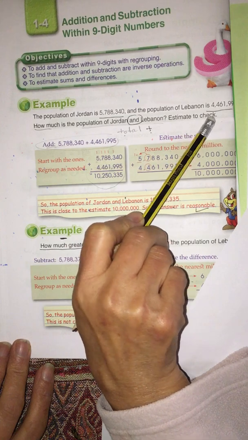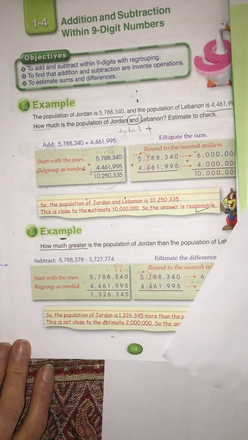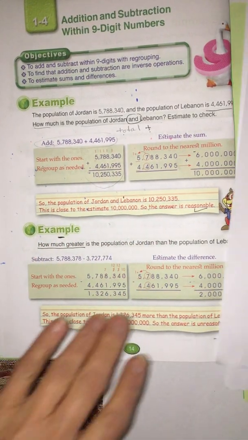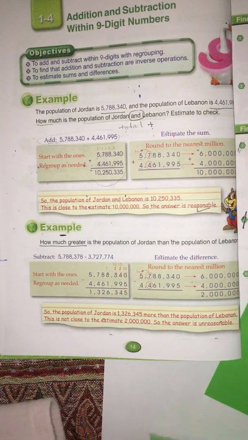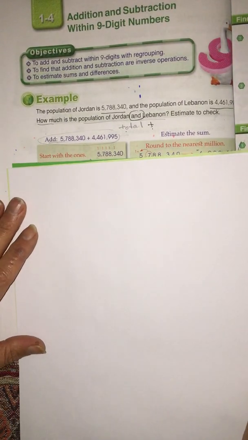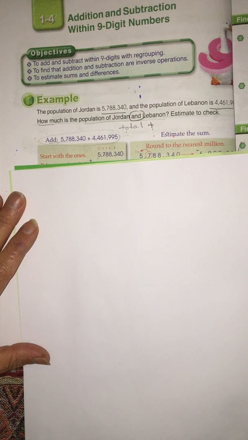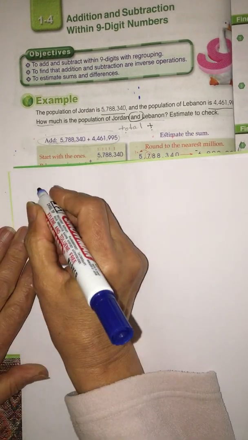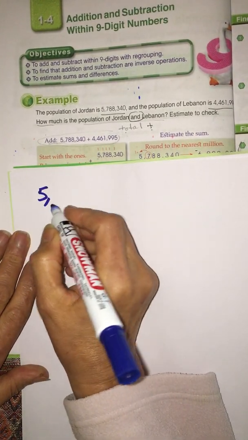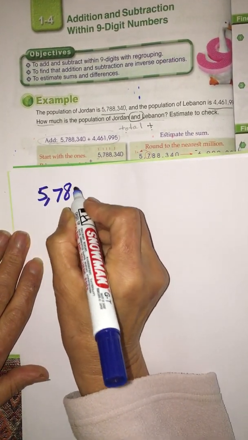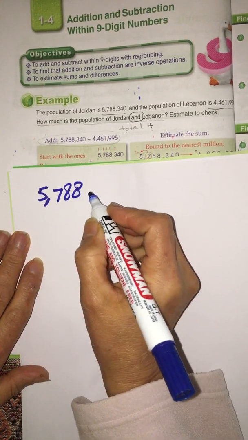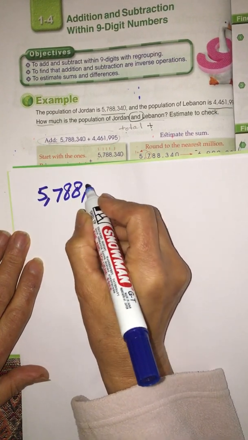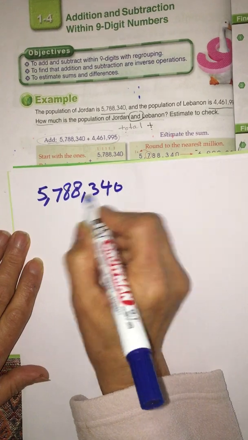They ask us to estimate, to check. Estimate means round. Okay? Now, I will solve here on a sheet of paper. I will start by adding the population of Jordan, which is 5,788,340. This is the population of Jordan.